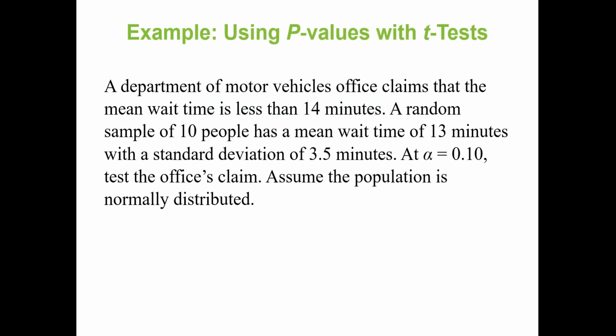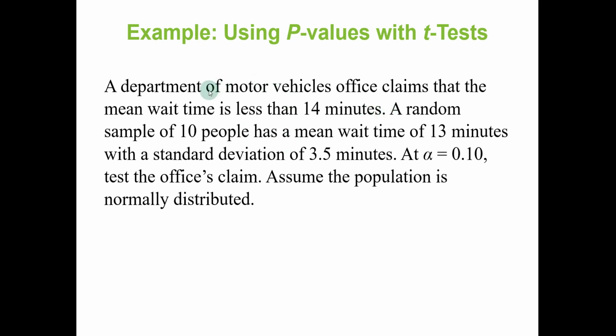In that case, we will use the student t distribution. The tables for the student t distribution p-values, we've not seen. So we will always use technology. Any example where you need to calculate the p-value for the student t distribution, we will always use Excel.